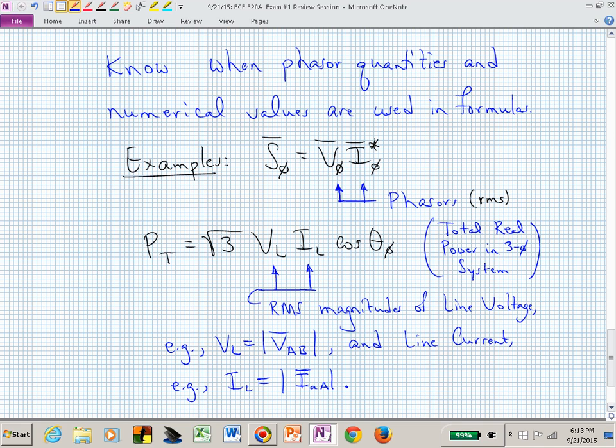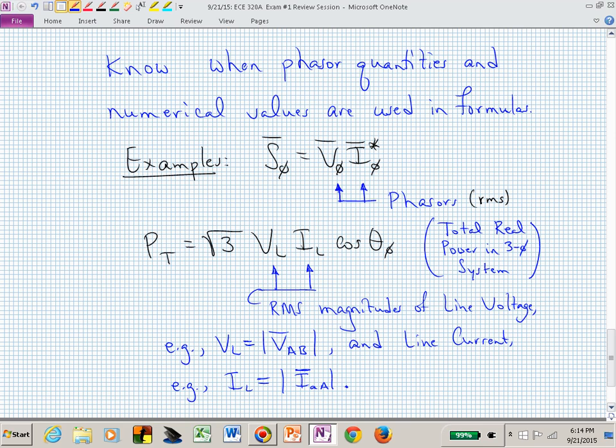In the first example, those are actually phasor quantities. Complex power is VI star. In the second example, the total power in a three-phase system, we derive that, and that's in terms of your line voltage magnitude, your line current magnitude, and the cosine of the angle of your impedance, or your power factor.